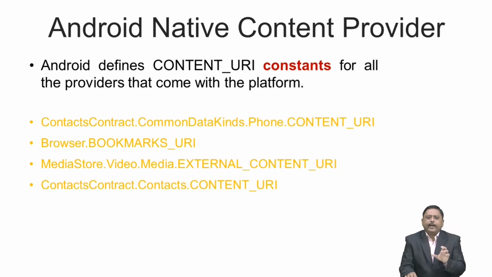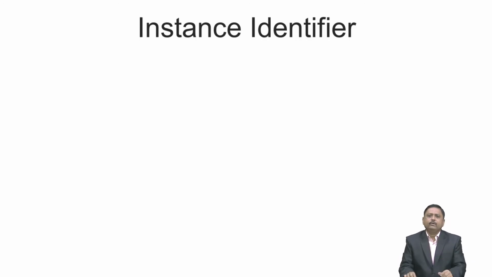Likewise, ContactsContract.Contacts.CONTENT_URI refers again to contact information. These are various kinds of constants that you can use to access native content providers.